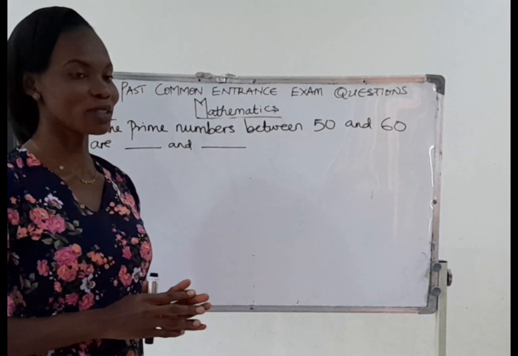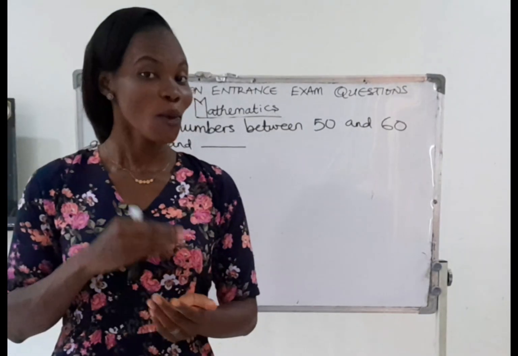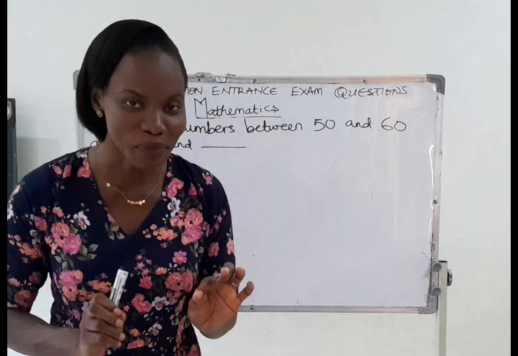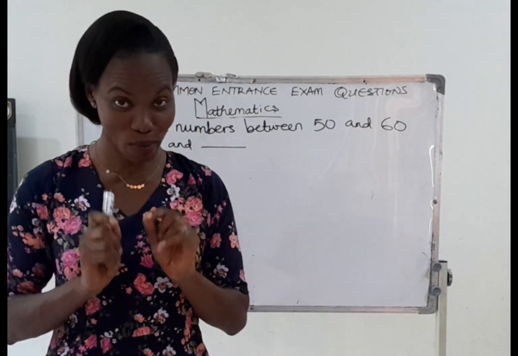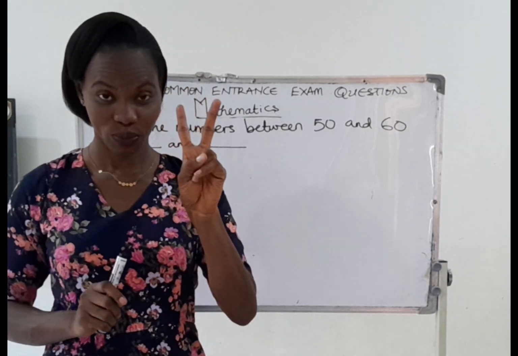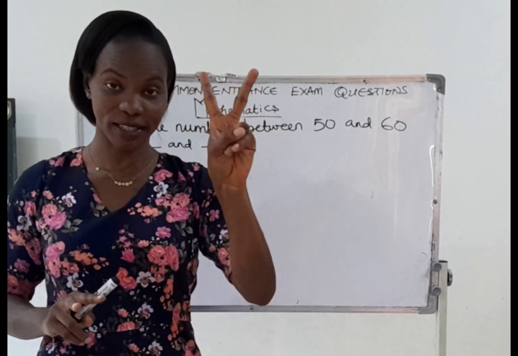The prime numbers. To answer this question, we look at the concept of a prime number. What is a prime number? A prime number is any number that has only 2 factors. In other words, only 2 numbers can divide it.